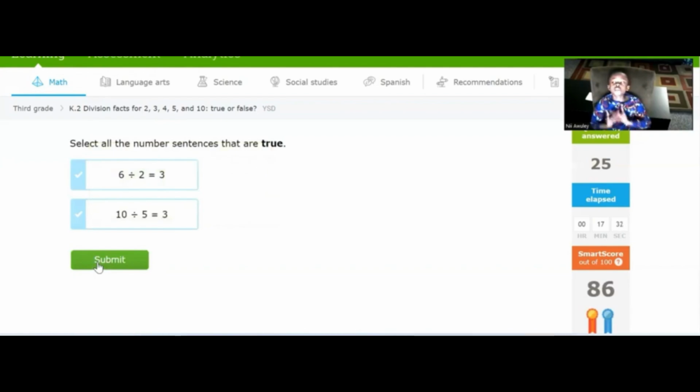Select all the number sentences that are true. 6 divided by 2 is 3. This answer is false. 10 divided by 5 is 3. False. Look at the first thing.